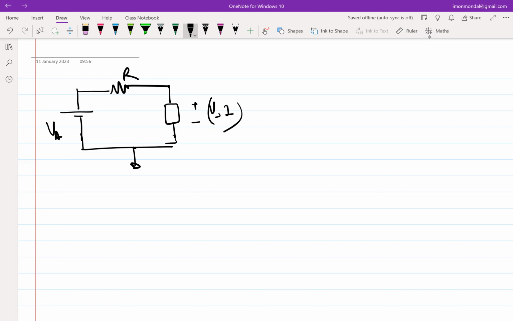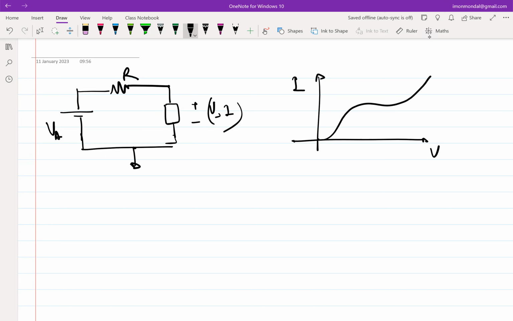Initially, what we did was we said I equal to f of V, and we differentiated the function, f dash, right? So essentially, we are differentiating the IV characteristics.